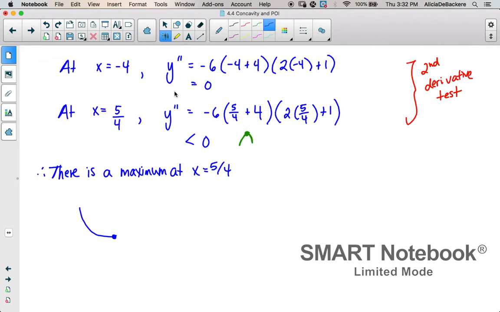Oh, sorry, I drew that wrong. I was going from concave down. This is going to make more sense. So I'm going from concave down, I've got my flat point, and then I switch to concave up. There we go. This is what's happening at -4. So it is both a flat tangent line as well as a point of inflection here. That's what we see. So this one here just turned out to be a point of inflection.